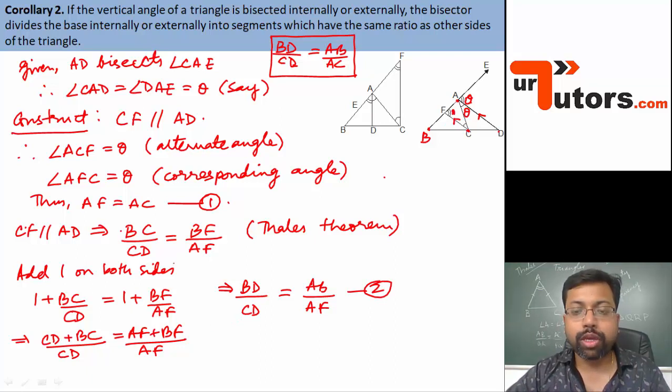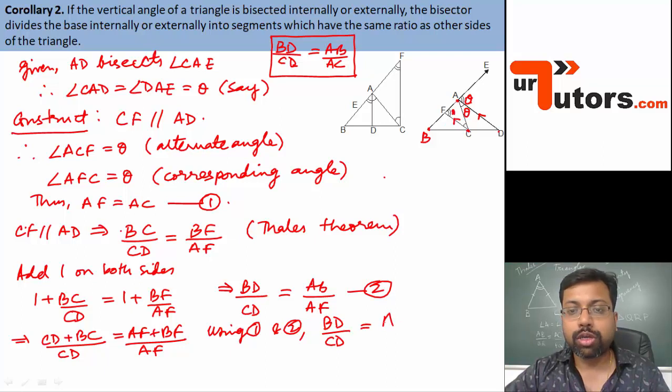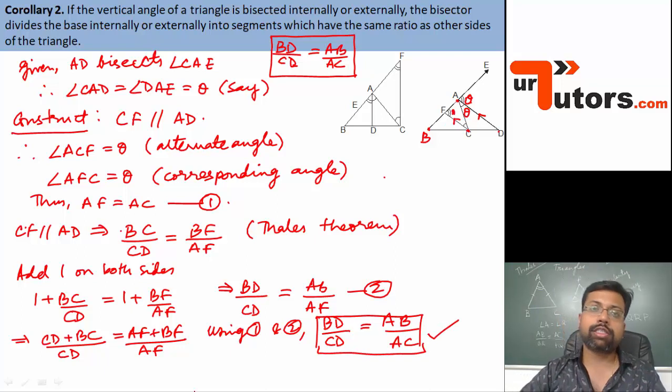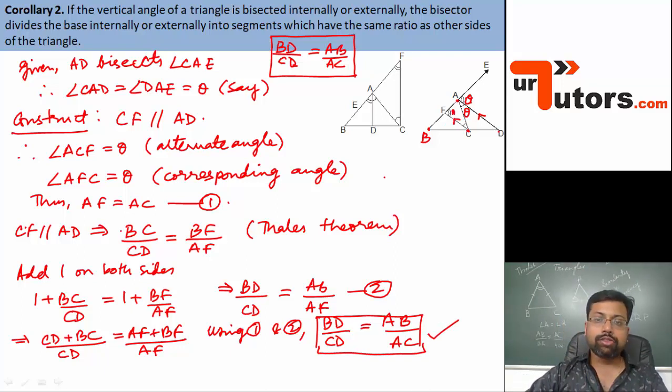Now using 1 and 2, AF is again equal to AC. So using 1 and 2, we have BD by CD is equal to AB by, instead of AF, what we can write? We can write AC. And this is what we had to prove. Hence, okay, so this is what we had to prove.